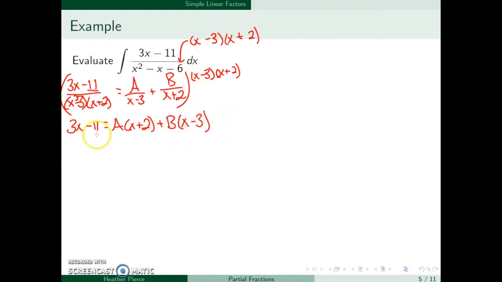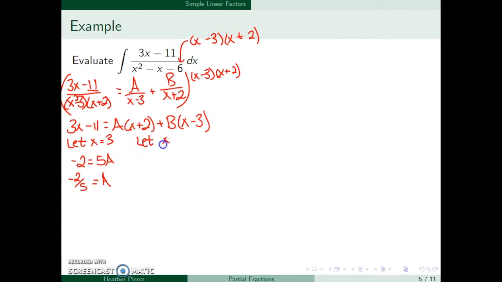Since this holds no matter what values of x we use, we'll start by letting x be equal to 3 in this case. So on the left I get 9 minus 11, which is negative 2, equal to 5 times a, and then you'll notice the b term cancels. So a is negative 2/5.